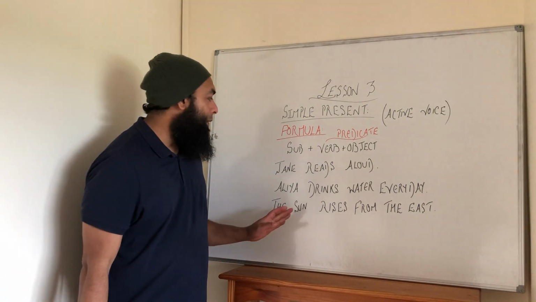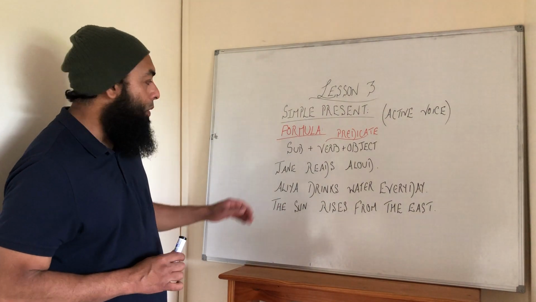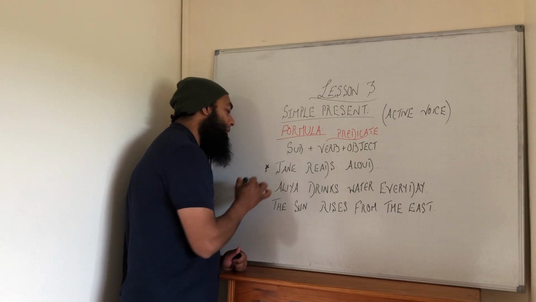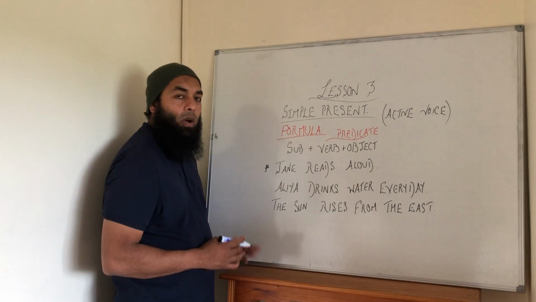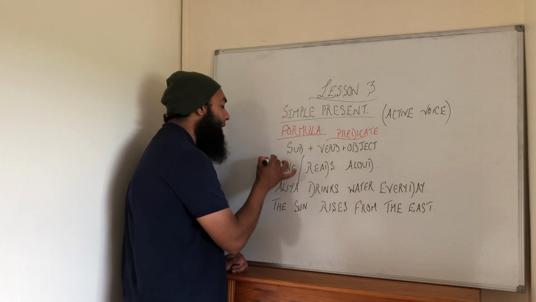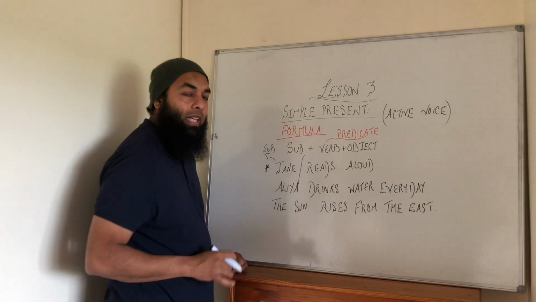Okay, so we do have a few sentences on the board at the moment, okay? So if you pay attention to the first one, it says Jane reads aloud, okay? So Jane reads aloud, we need to dissect it. That's Jane. Jane is what, a name of a person, so it's a subject, okay? And how many people are we talking about? One person.